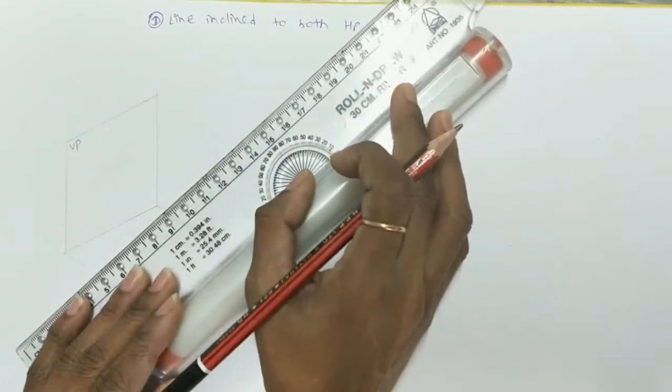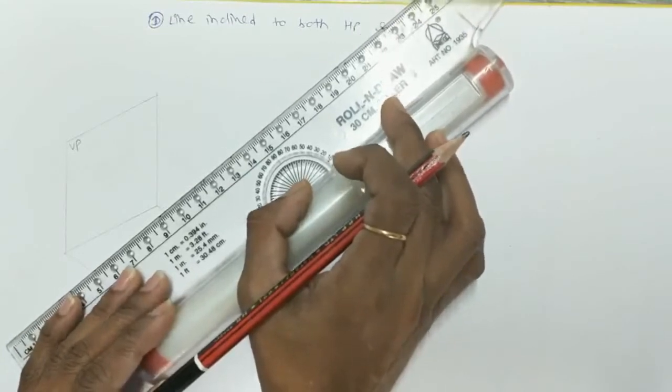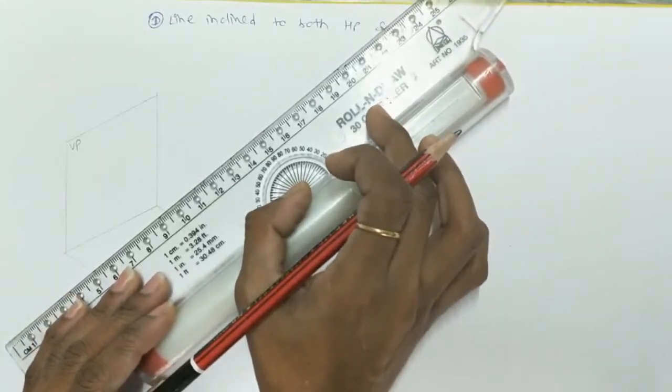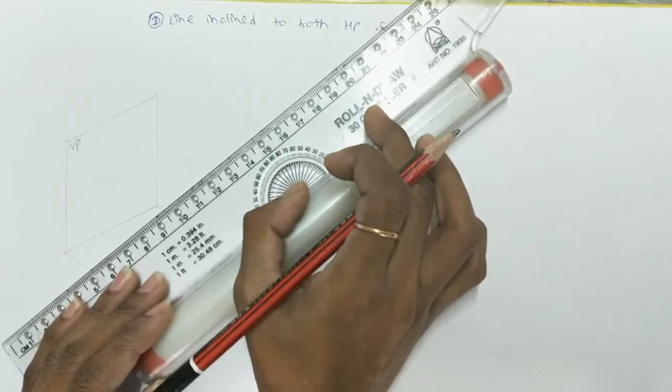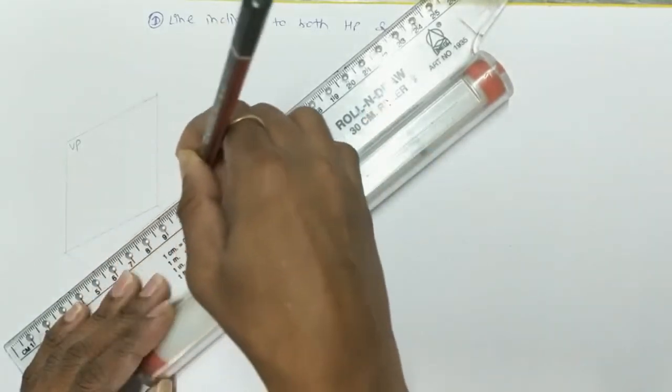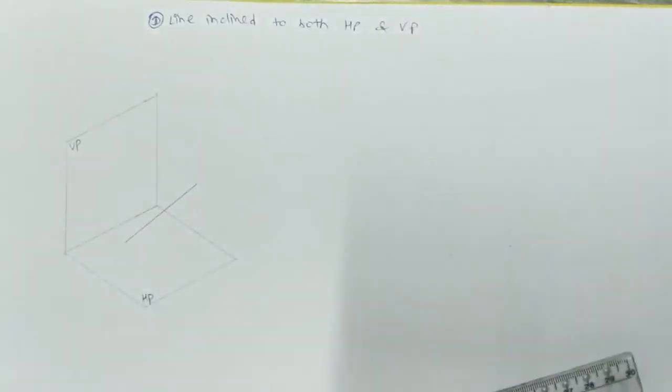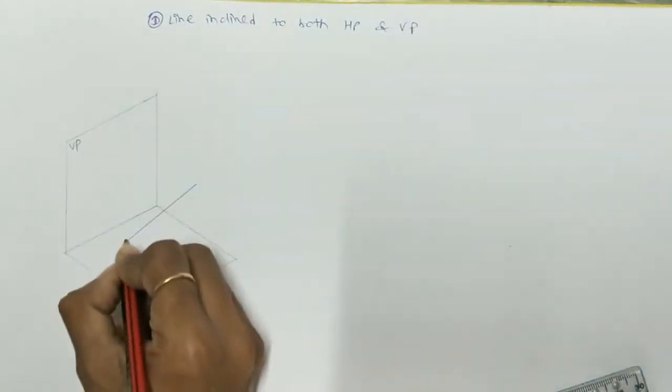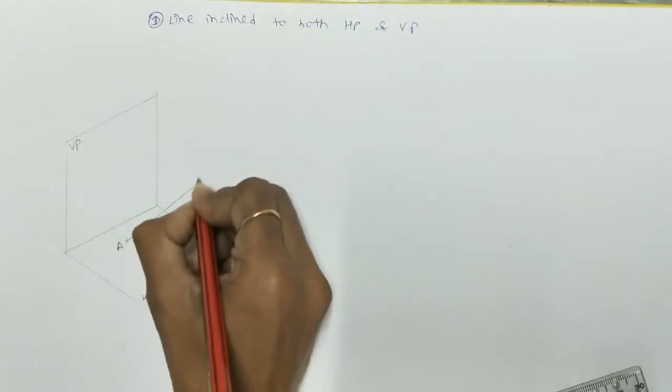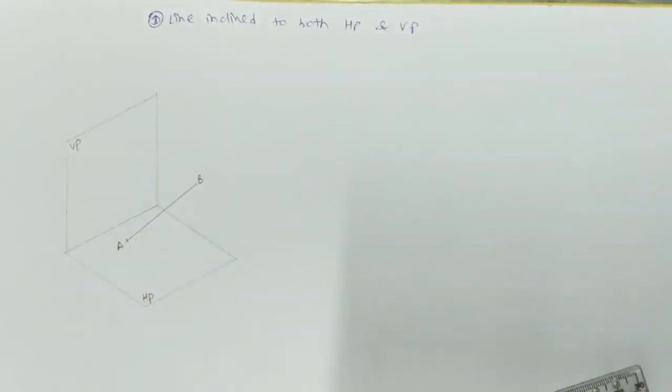So, I will draw the line. Suppose this is the line AB, which is inclined to both HP and VP.